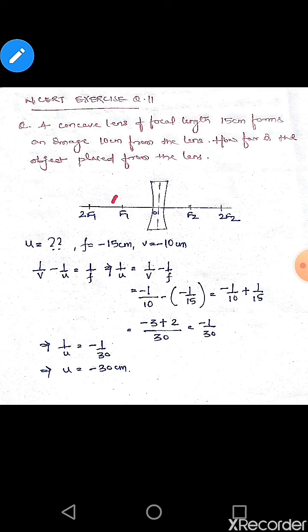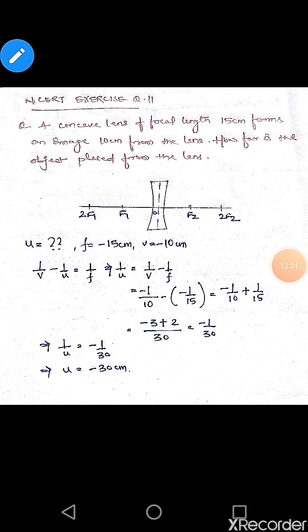As you know, in case of concave the focal length is always negative, so it is minus 15 cm. Now the image distance is given as 10 cm. The image is always formed behind the lens, that is on the same side as the object. So the image distance is minus 10 cm.